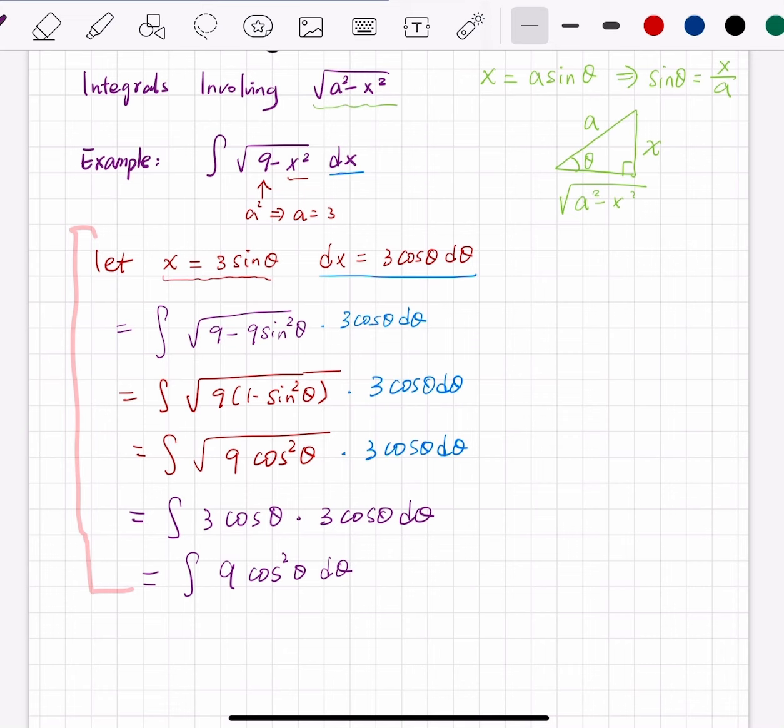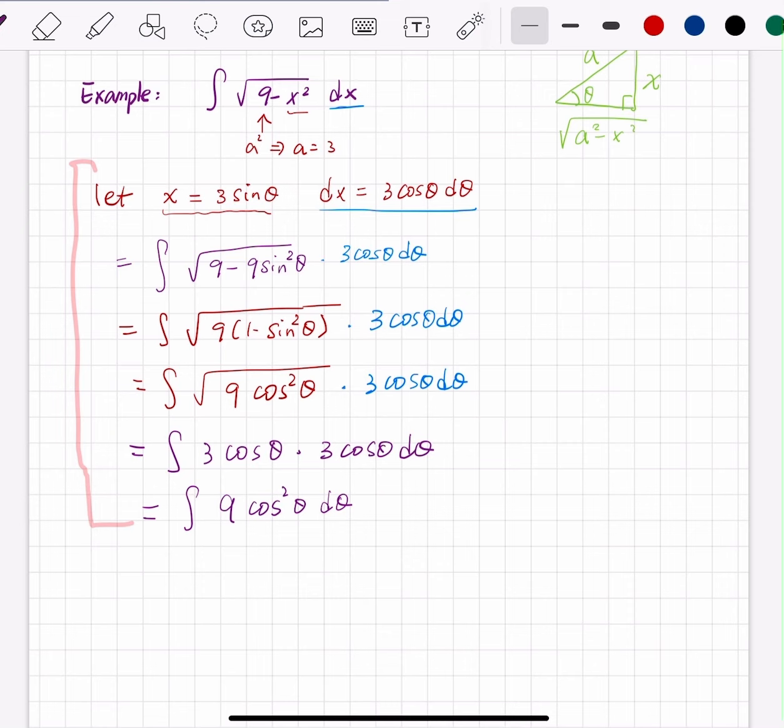Okay, continue. We want to solve the integral of cosine squared theta, which from the previous section we can do using the half angle identities. So put out the constant 9, and then cosine squared theta can be rewritten as 1/2 plus 1/2 cosine of 2 theta.